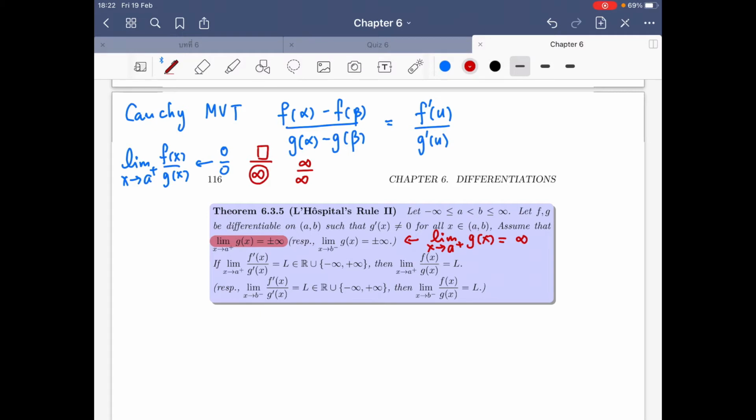If the limit of f prime over g prime as x goes to a from the right equals L, where L can be a real number or also negative or positive infinity, then the quotient f(x) over g(x), as x goes to a from the right, also equals that value L. What we are going to prove today is only the case where L is a real number.